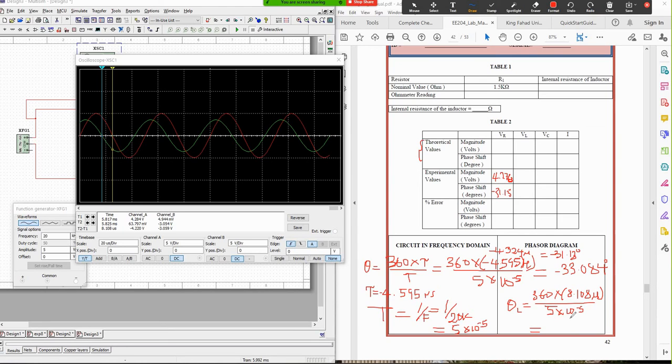We have 58.38 degrees. So you come here and write 58.38 degrees.